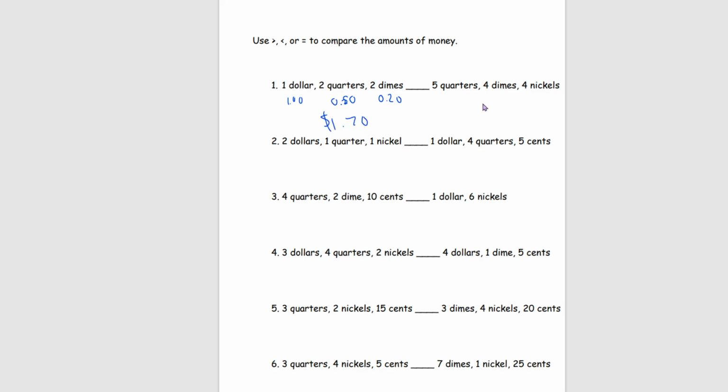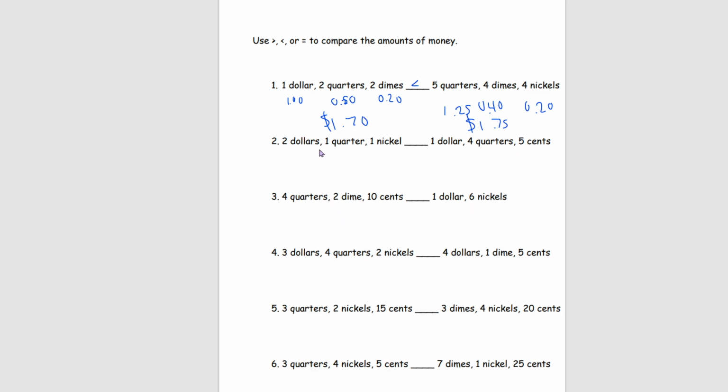Over on this side, we have 5 quarters, which adds up to 125, 4 dimes, which is 40, and 4 nickels, which is 20. We add these up and we get 185. So we say that $1, 2 quarters, and 2 dimes is less than 5 quarters, 4 dimes, and 4 nickels.